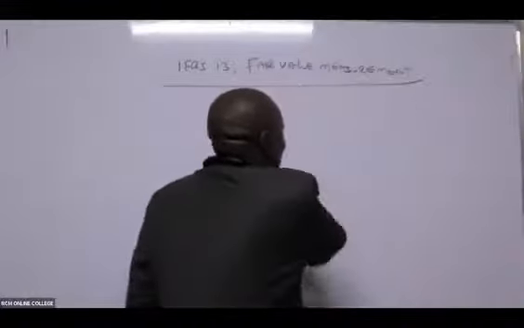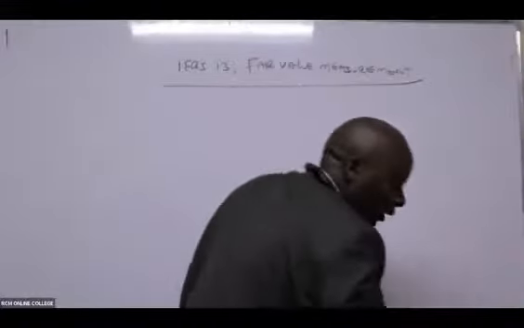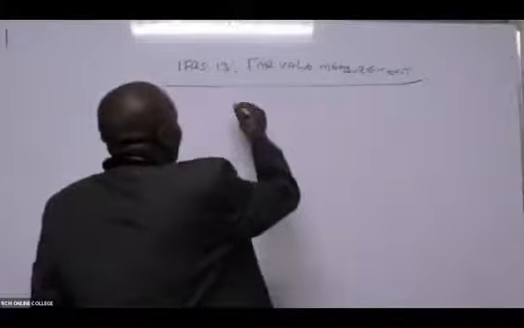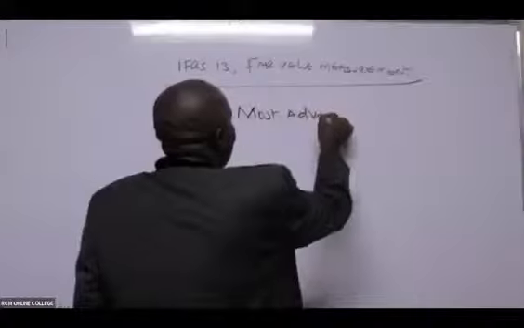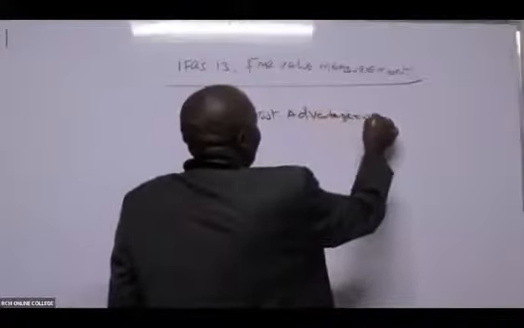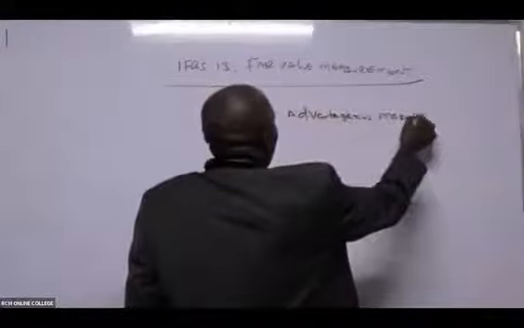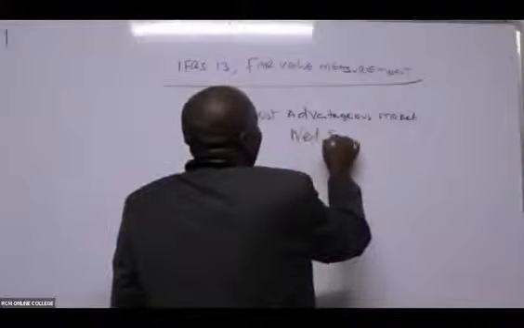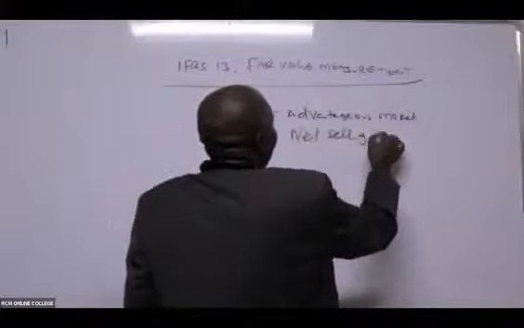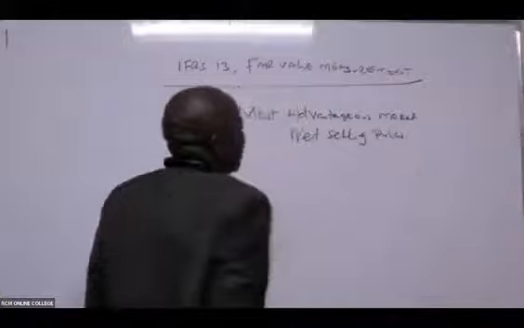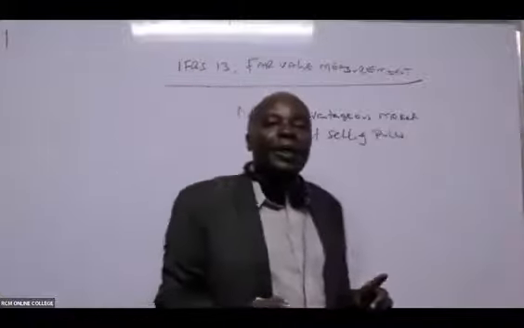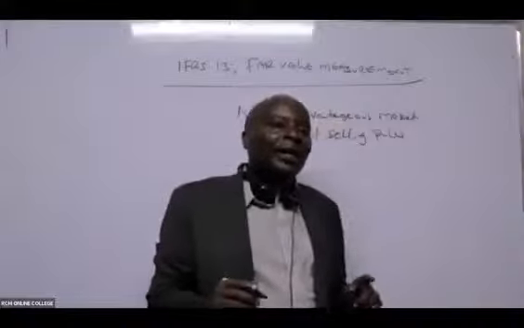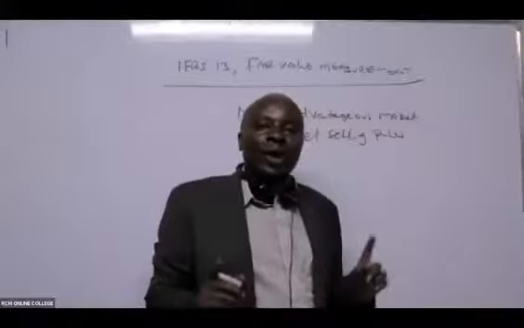To get the most advantageous market, this is normally what we do: you compare between net selling prices. When you are looking at the net selling prices, you are not going to disregard any cost, not even transaction cost.